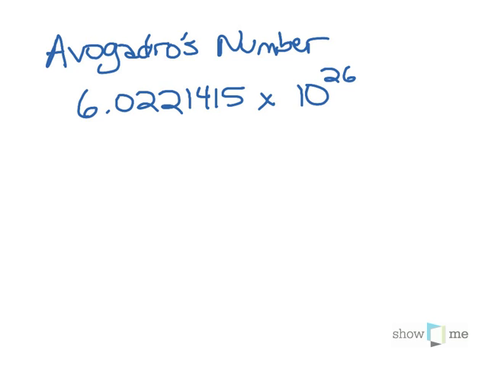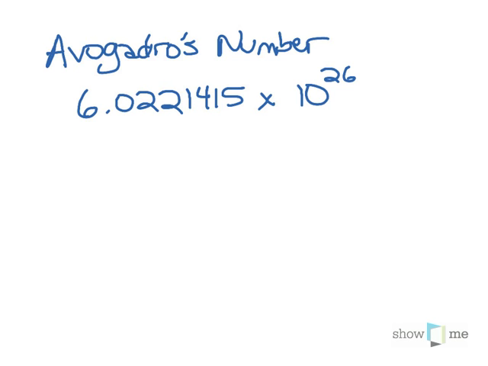It also gives you a really good idea of just how small atoms and molecules are, because this is a ridiculously large number. To show you just how ridiculously large it is, we're going to rewrite this number in standard notation. We're only going to do this once because it also is not worth the effort, but it does help you see why scientific notation is so useful.